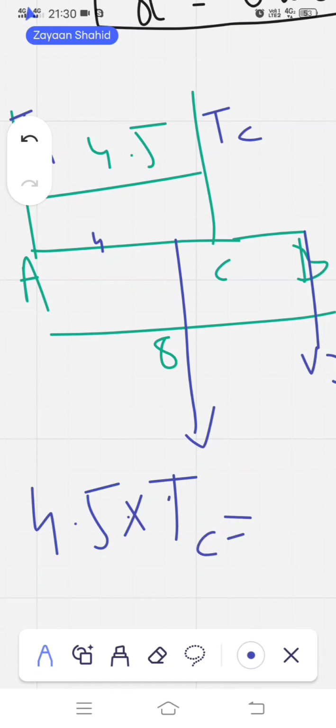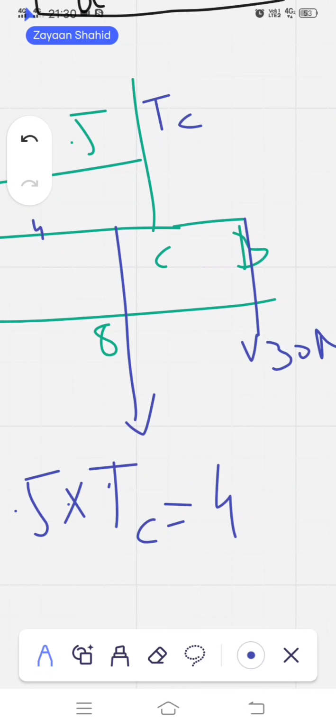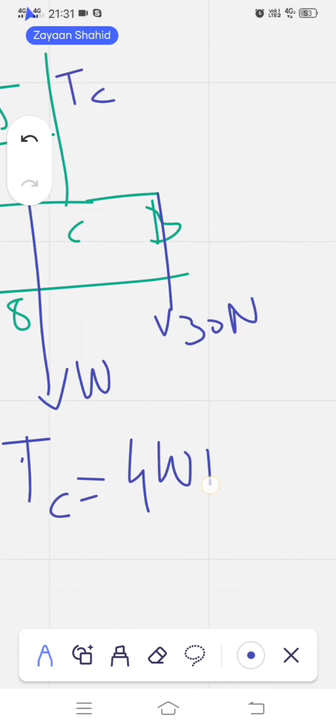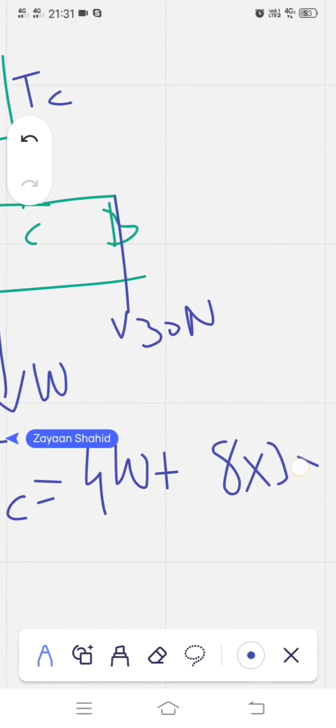We are taking the moments about the point A. Then 4 is the distance of the weight W, plus 8 is the distance of the 30 Newton weight.